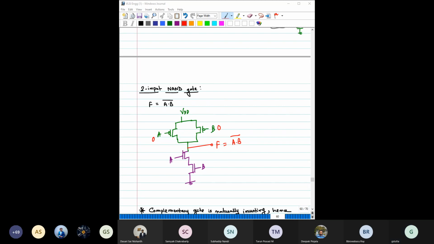Ayushi, is it working as a two input NAND gate? Sir, I was just making the truth table. Okay, so could you please tell me, suppose if I give 0 0 as input, what is the output? Ayushi, please tell me.